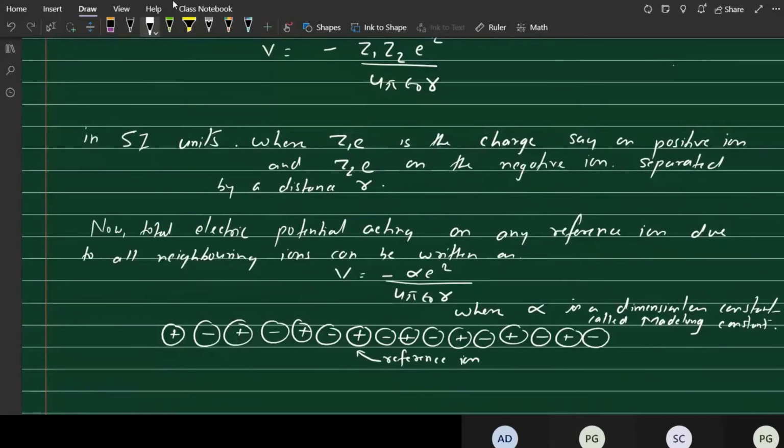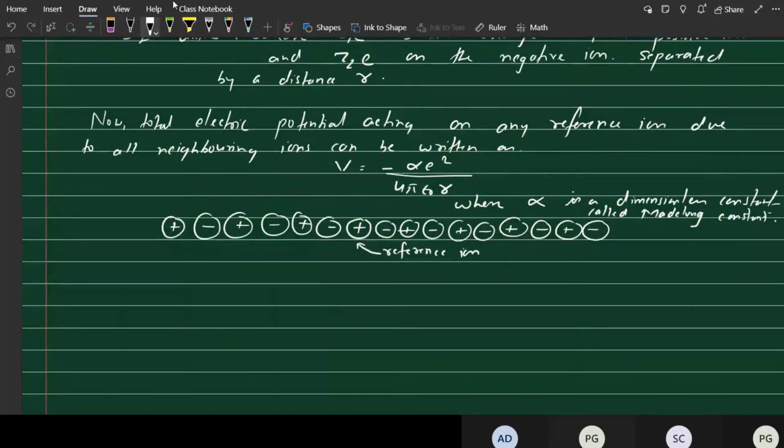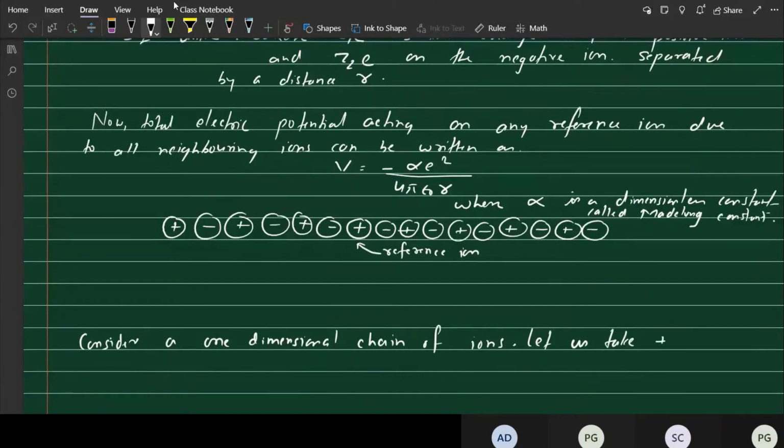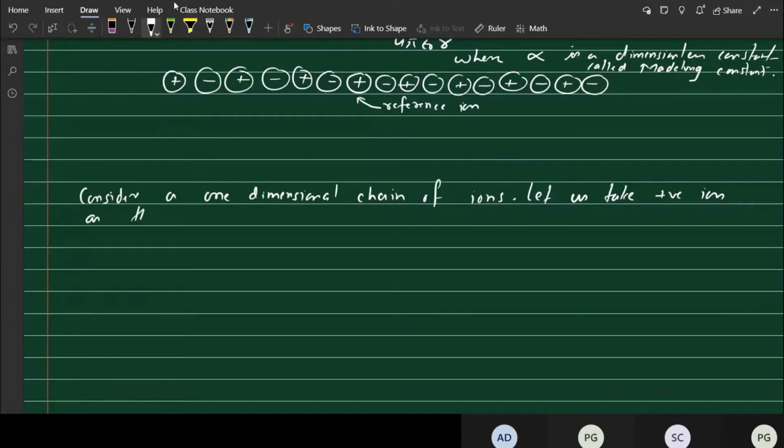To know more about the Madelung constant, let us consider a one-dimensional chain of ions that is seen in the above figure, and let us take one positive ion as the reference ion as shown in figure.